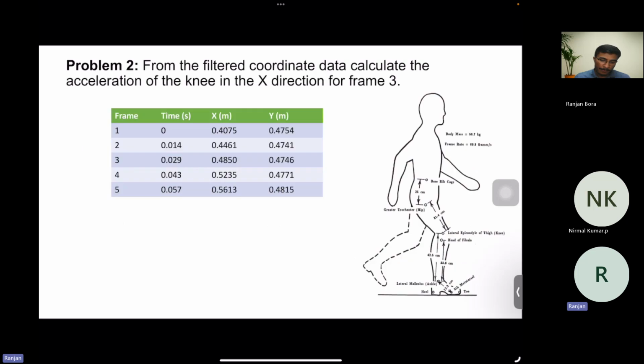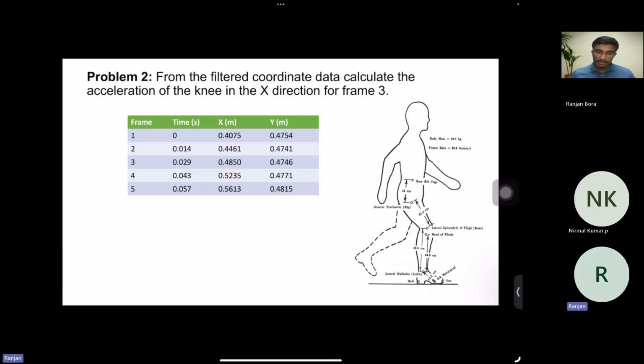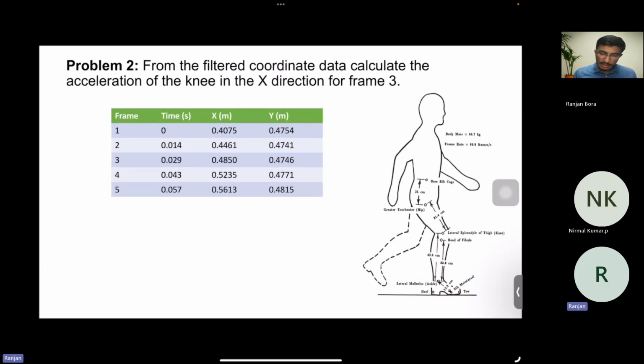So there is one problem now, so we'll solve this problem. Here it is asking, from the coordinate data, calculate the acceleration of the knee in the x direction for frame 3. In this figure, you can see a person is walking along the x direction.